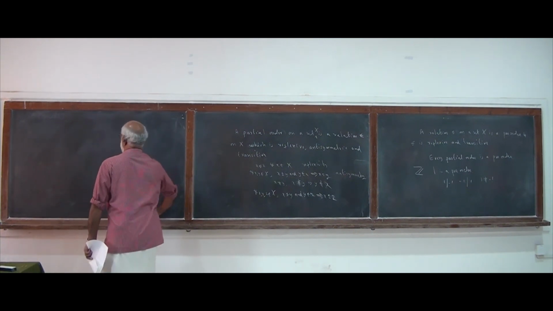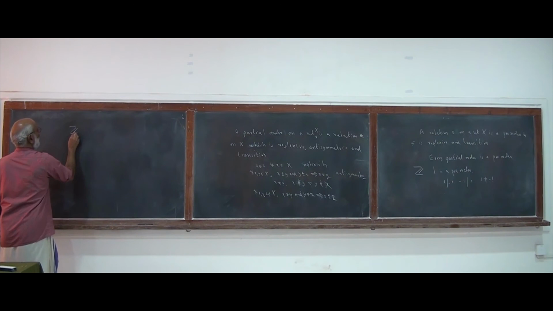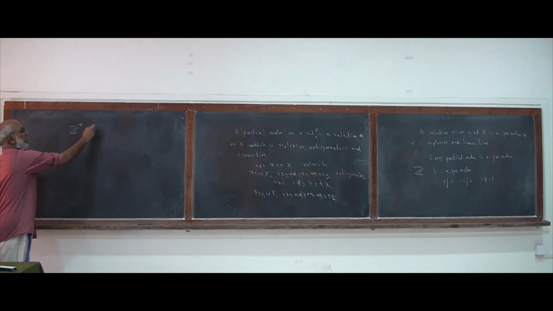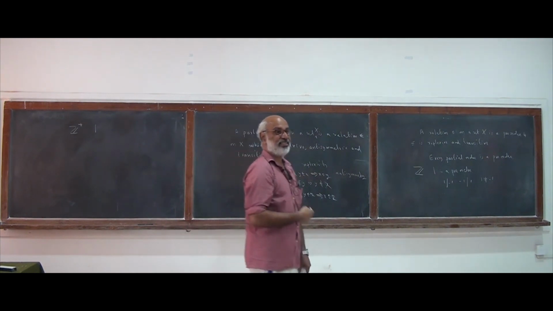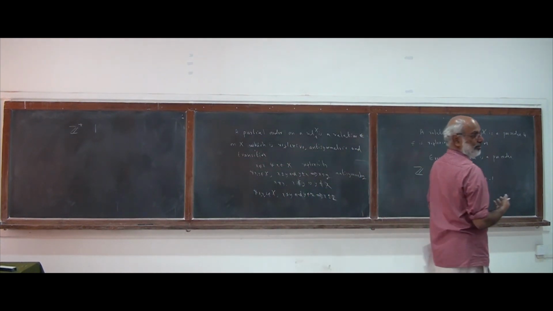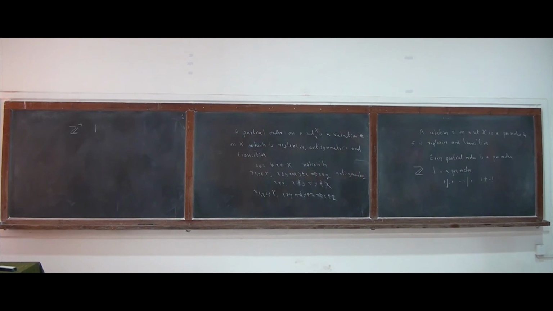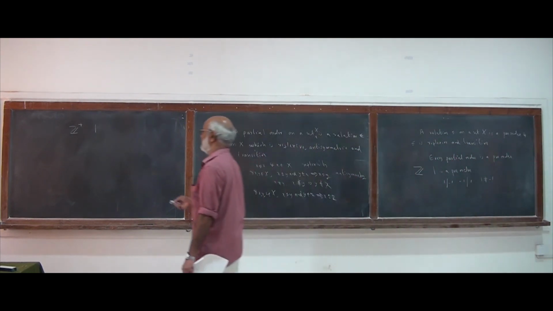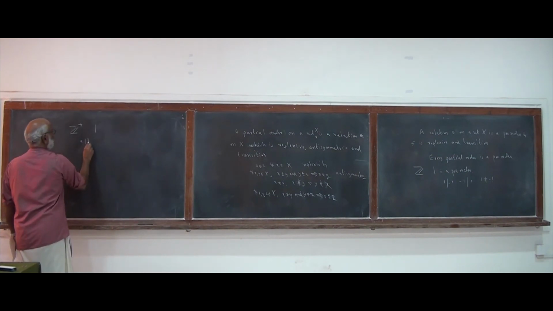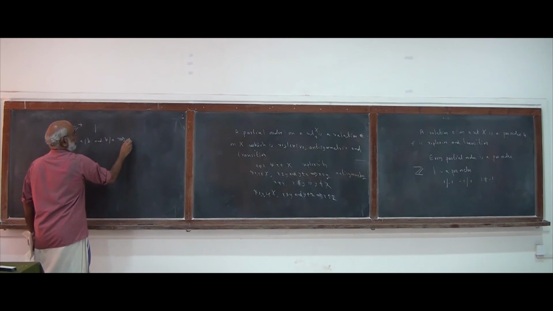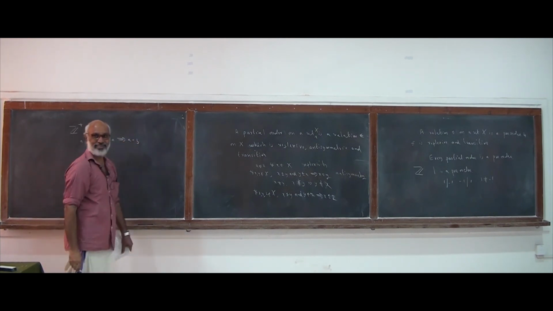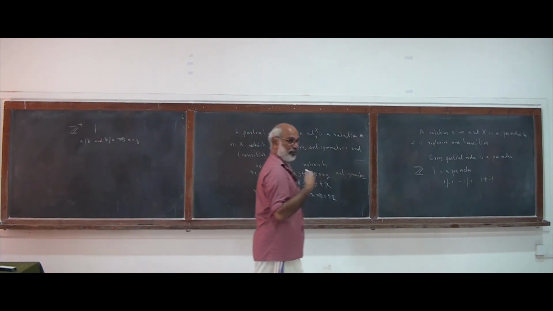Whereas, suppose you take the set of all positive integers and take again the same relation, divides. Here this relation is reflexive, transitive, and also antisymmetric. Because if you take any two positive integers a and b, a divides b and b divides a implies a is equal to b among positive integers.